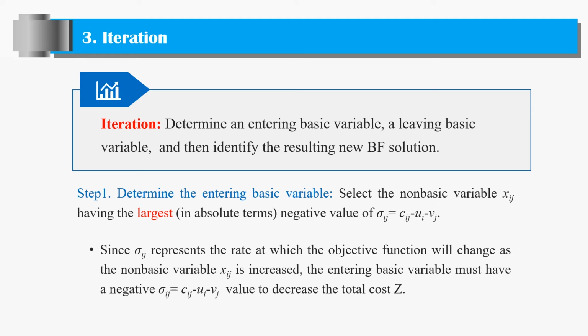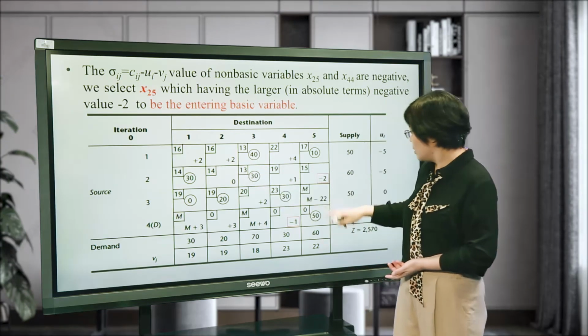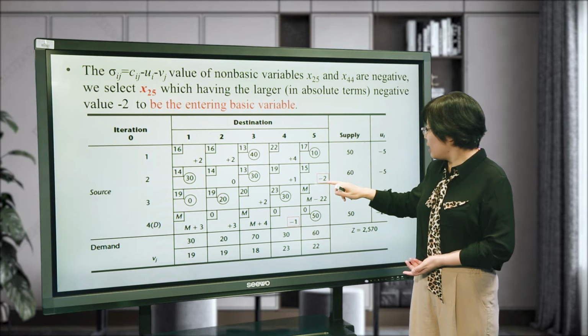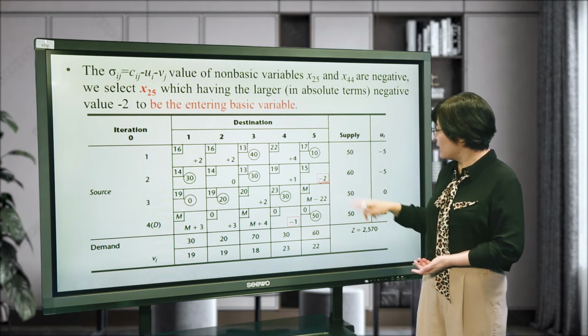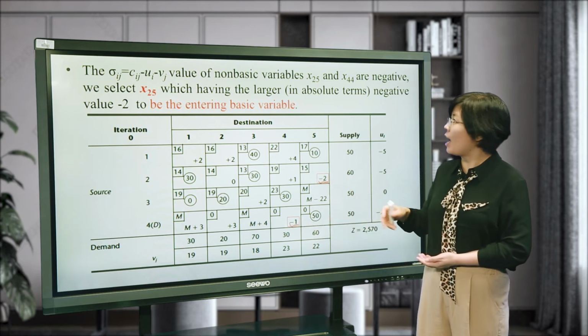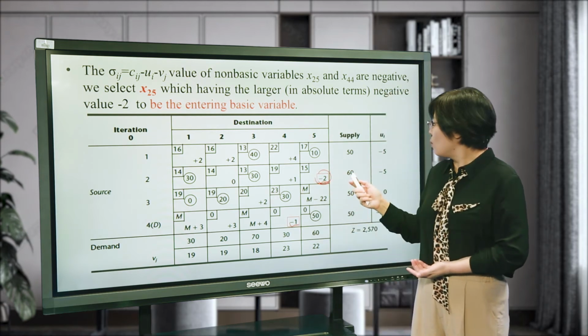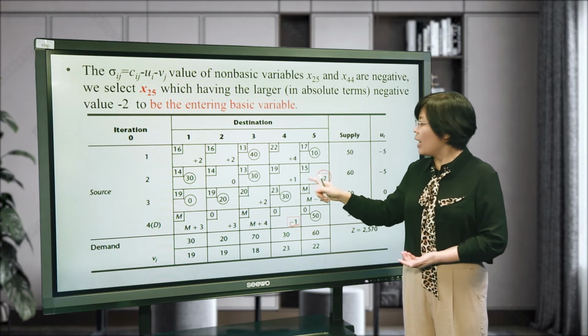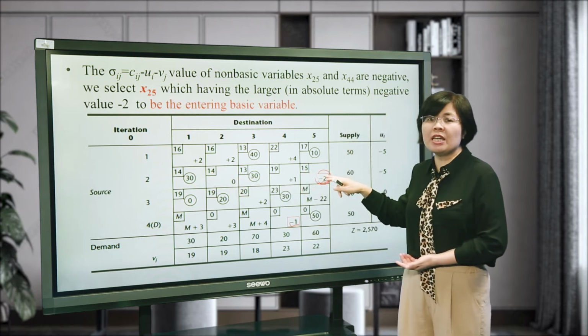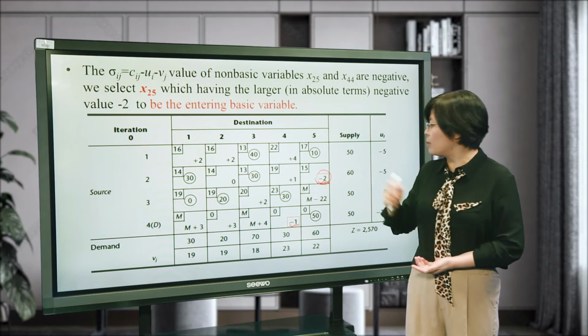Here the sigma ij is -2 and here it's -1, so the absolute value is bigger here. So we choose x25 as the entering variable.